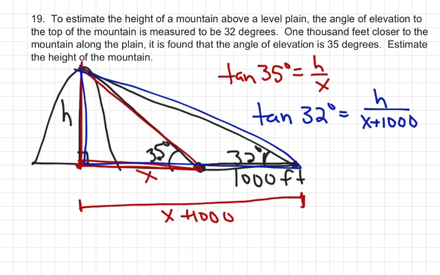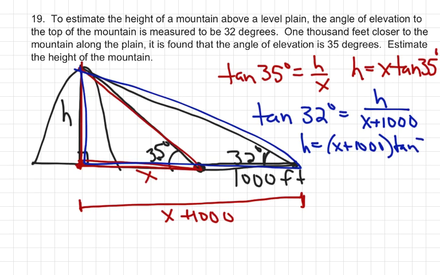So in the first equation, h is going to equal x times the tangent of 35 degrees. And in the second equation, h is going to equal x plus 1,000 times the tangent of 32. Now, in order to do this problem, we're actually going to change things into decimals.